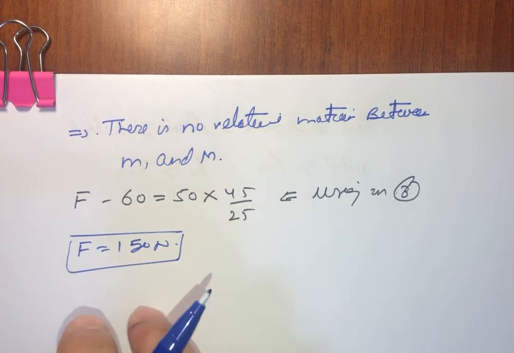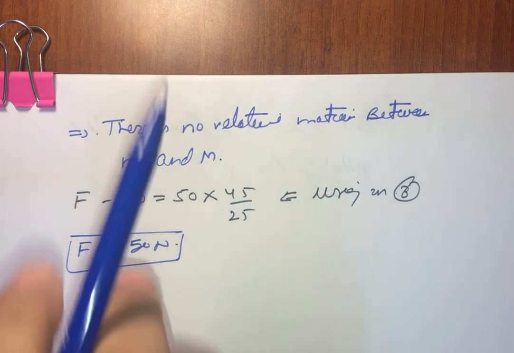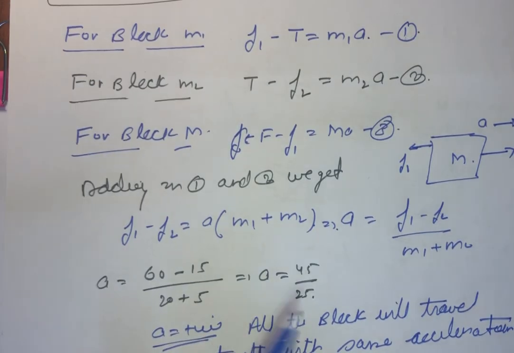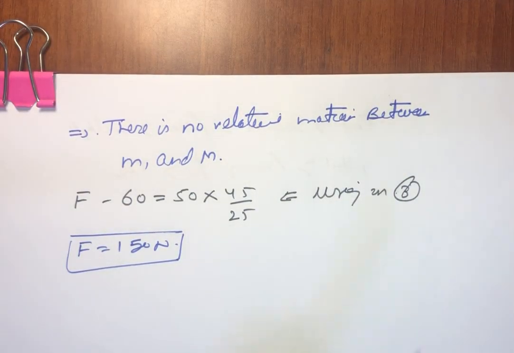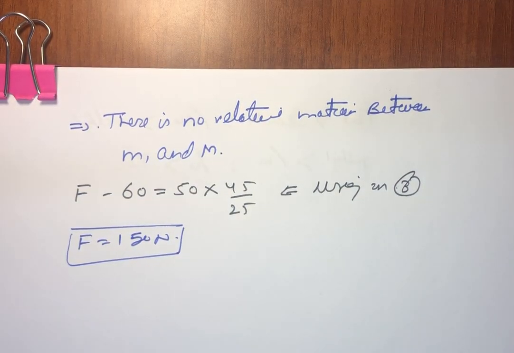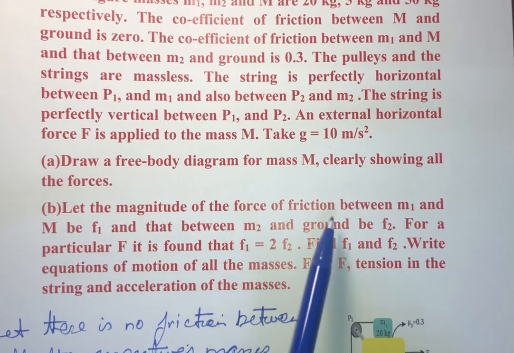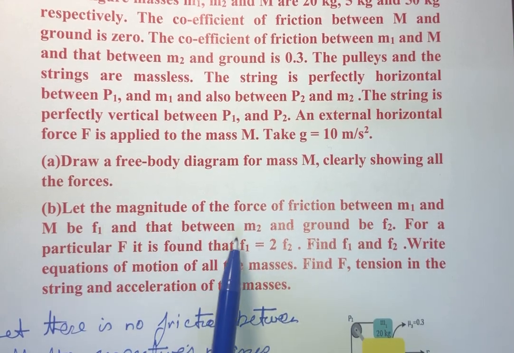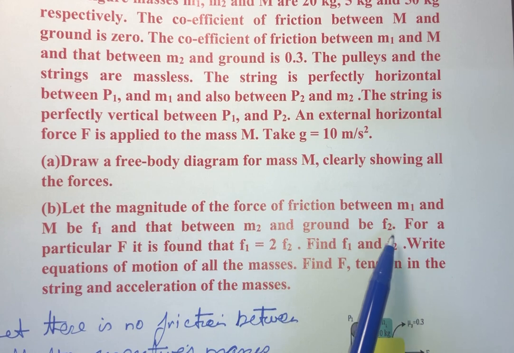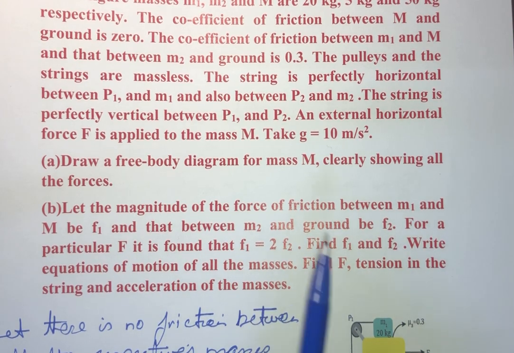Okay, this conclusion was drawn only by finding out whether our A was positive or not. Now the important part in this entire question is the second part, which is asked. Here it is asked that let the magnitude of force of friction between M1 and M be F1 and between M2 and ground be F2. So for what particular value of F is it found that F1 is equal to twice F2.